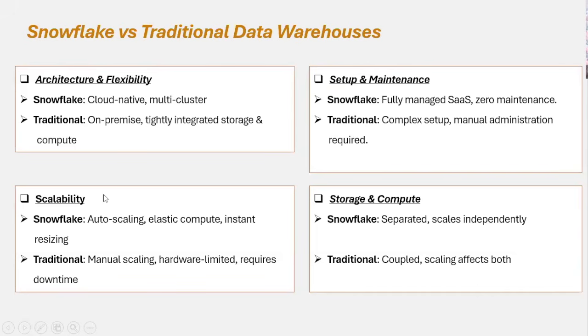Now let's talk about storage and compute. In case of storage, again, Snowflake stores the data already in a compressed format. The charges which are applied to the user are at terabyte level. So there are very few dollars which you have to spend for each terabyte of data being stored.